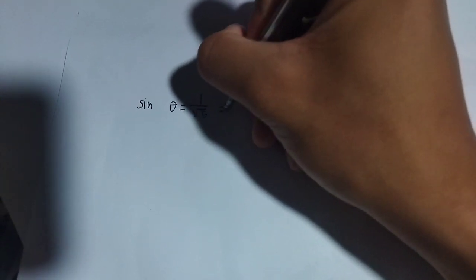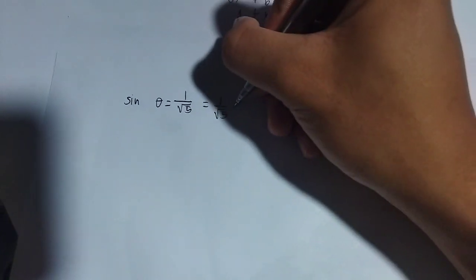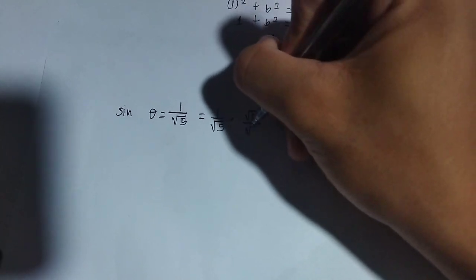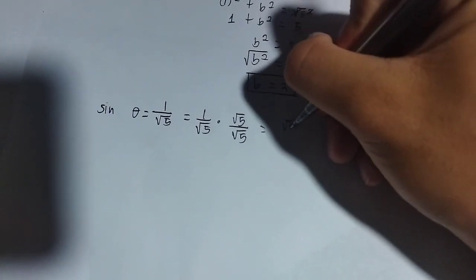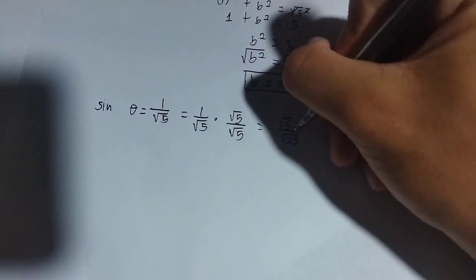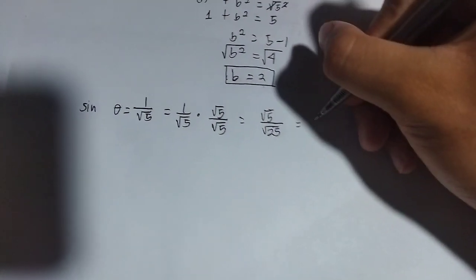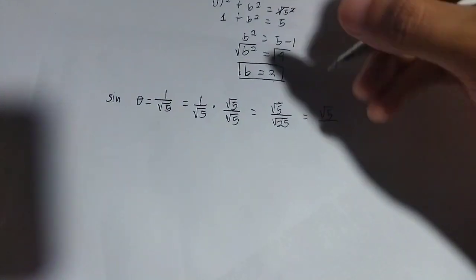So we have 1 over square root of 5 times square root of 5 over square root of 5. So we have square root of 5 over square root of 25. Then copy the square root of 5. Then the square root of 25 is equal to 5.